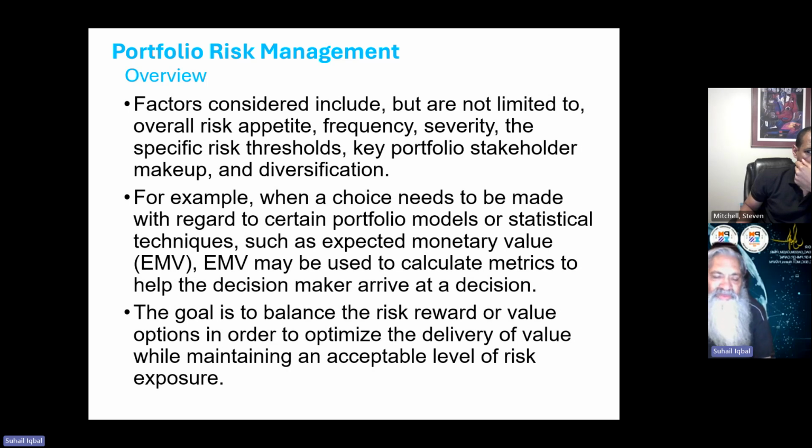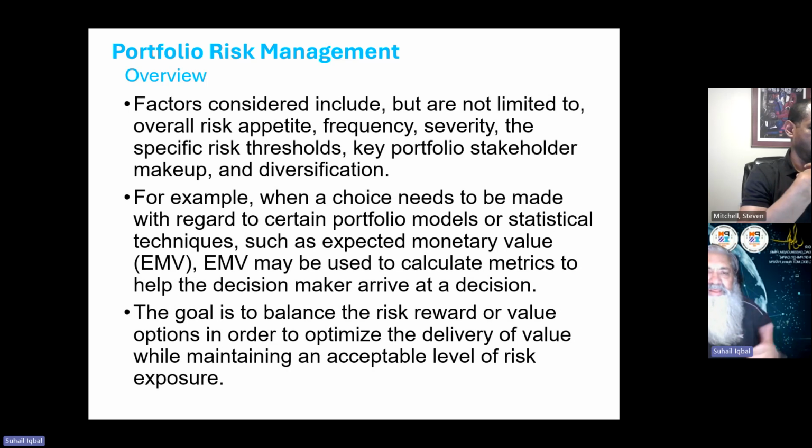You see, we are always saying, while maintaining an acceptable level of risk. That means there is an acceptable level of risk. That is an appetite. That is something that has to be within a specific limit, as if we can absorb it.